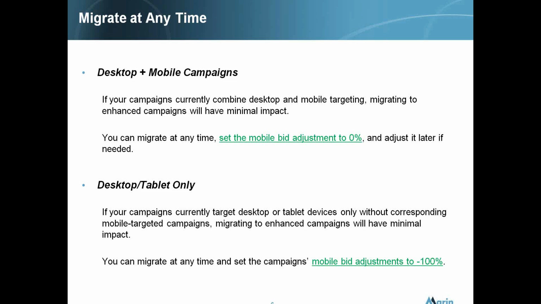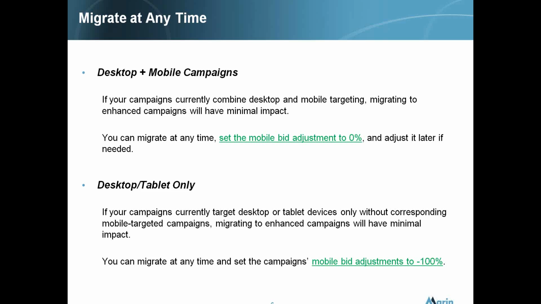The other subset of campaigns that you can migrate over currently is desktop and tablet only campaigns. So if you have no mobile targeting whatsoever in your accounts, you can go ahead and change your legacy campaigns to enhanced campaigns, and then set the mobile bid adjustments to negative 100%.